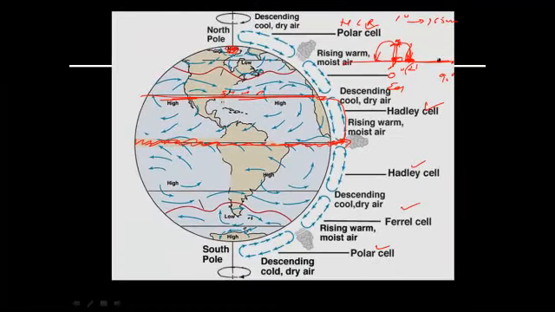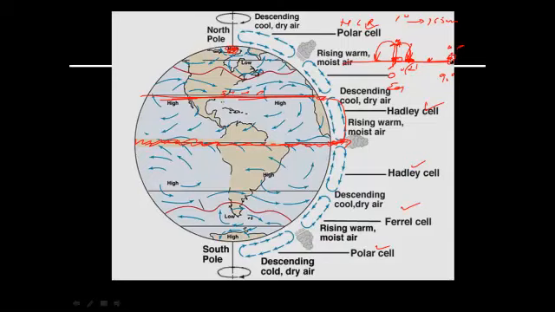Before talking about the third belt, let's talk about the fourth belt. This is the polar high pressure belt. At poles, you know, it experiences very low temperature, below freezing point, and at that temperature air never rises, rather it piles up. So there are the cold air masses, and these are the areas where the temperature is very low and the pressure is very high.